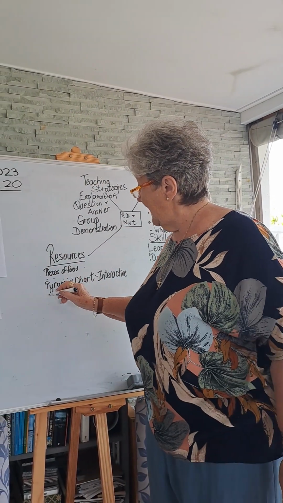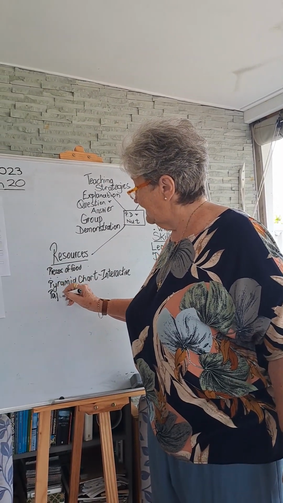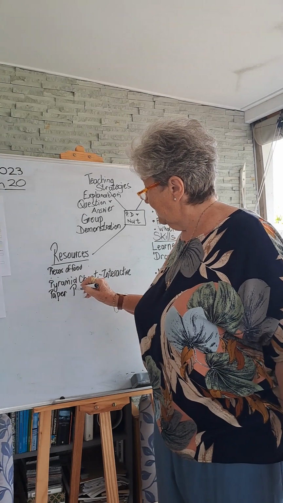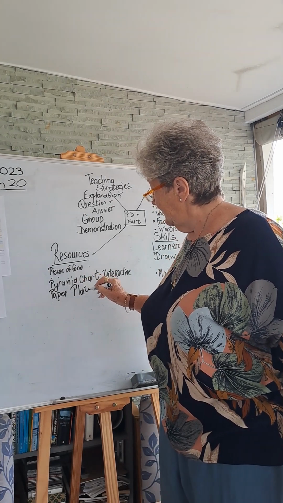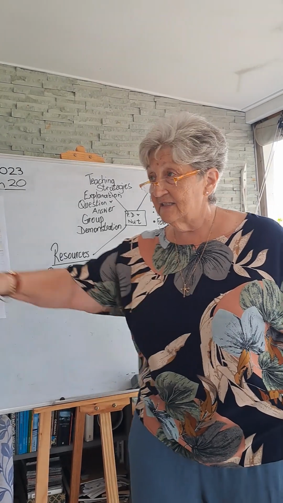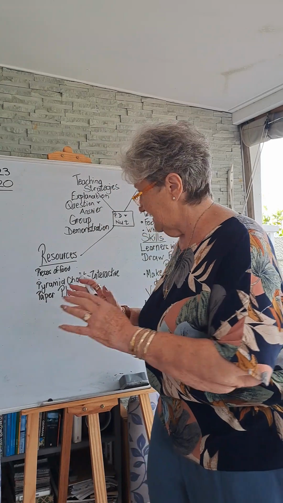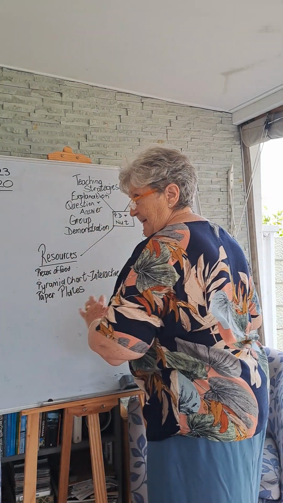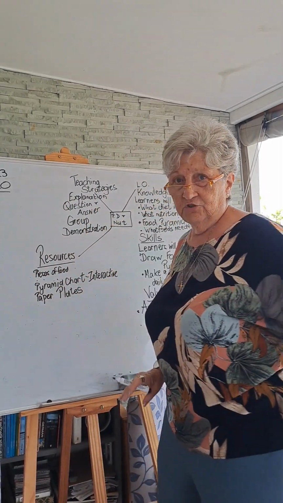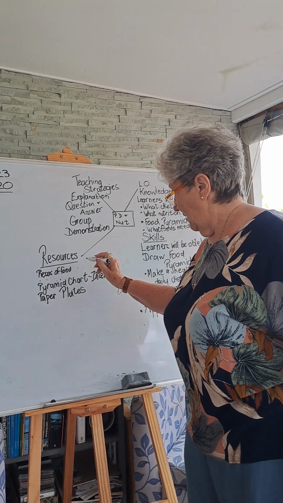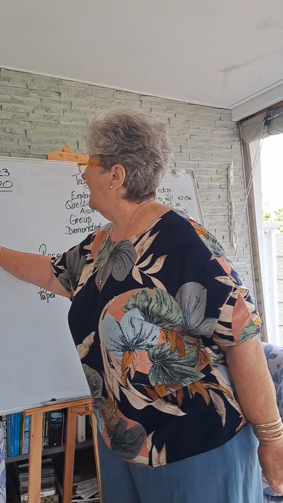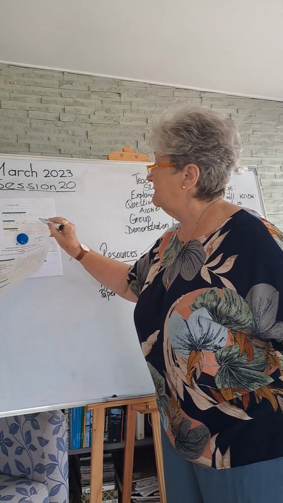So if I'm going to do that, I've got to have paper plates here, because those are the things that I'm going to need for my lesson. I can't in the middle of a lesson send a child out and say, go next door and ask Mrs. So-and-so if she's got plates for me. I've got to have all the stuff ready, and that's why I make this chart. Now, I take my resources and I go and write them in there.